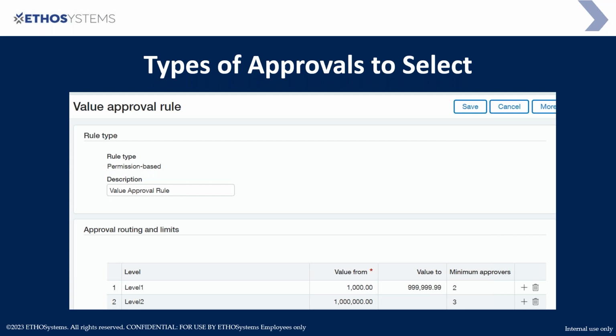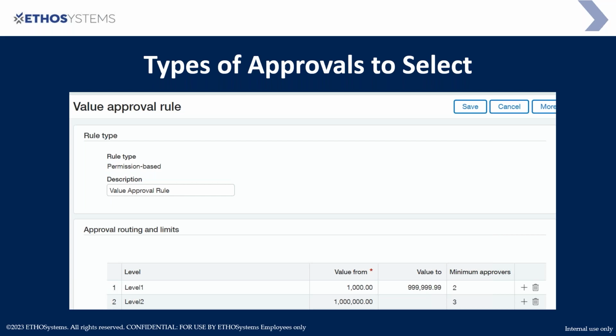this means that 2 people have to approve an invoice with a dollar value of 1,000 up to $1 million. So if Stuart and I are the 2 approvers, and we get a subcontract invoice of 500,000, let's say we're buying material for 500,000, I have to approve it and Stuart would have to approve it.